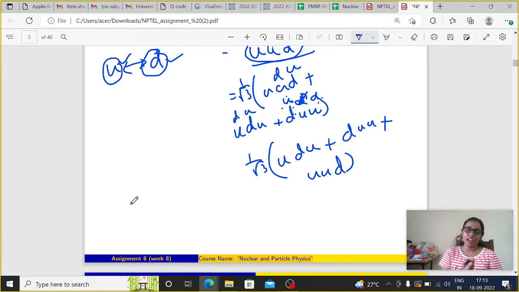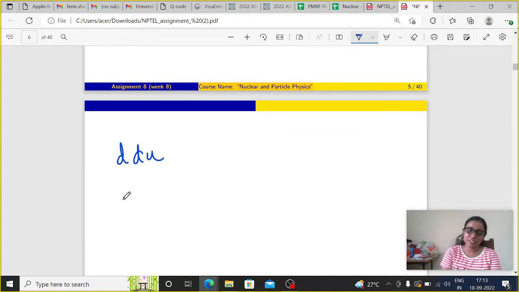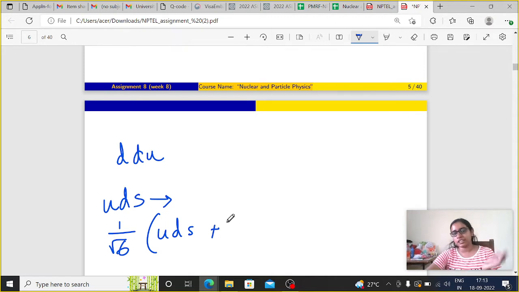Okay. I am writing a little more elaborately. Maybe it will be good for you. I can't hear you. Sorry, Avram. Let's say I am writing UDS. If I write UDS like this type of configuration, I am writing it at first and after that I will say whether it is symmetric or antisymmetric.